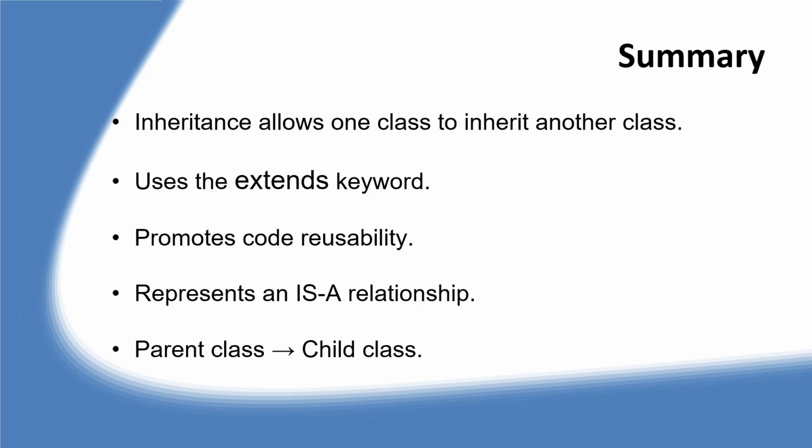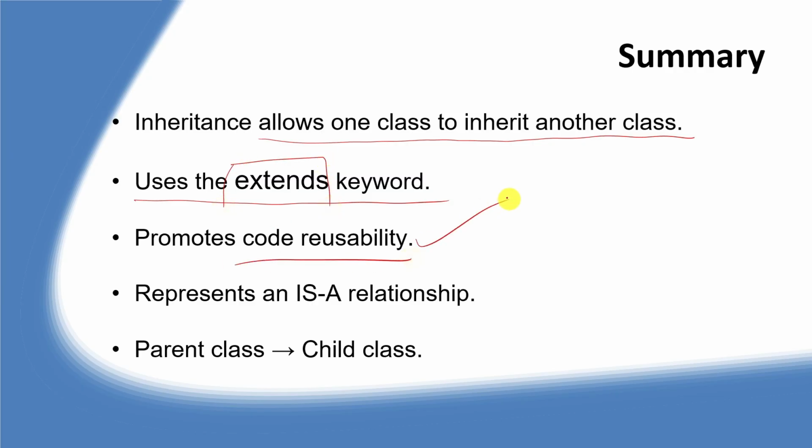So let's quickly summarize what we have learned so far. Inheritance allows one class to inherit from another class, and it uses the extends keyword, as we have seen in the examples. It promotes code reusability.